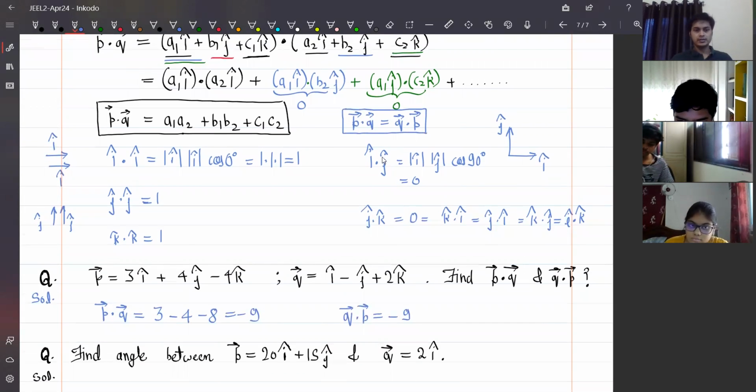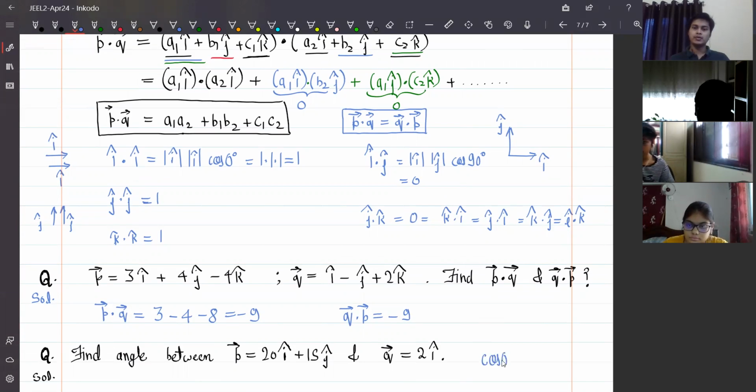And in the next case, you have to find the angle between P and Q. For this, if P dot Q is PQ cos theta, I can write cos theta as P dot Q divided by mod of P into mod of Q. You can use this relation to find the angle between two vectors.